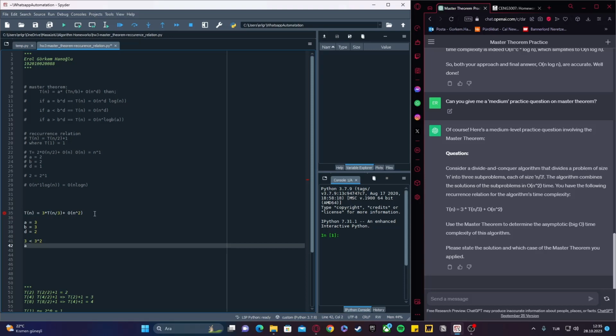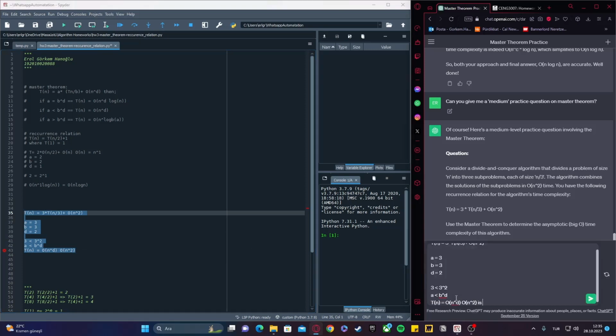So we have to check a less than b to the power d, and we have to use this case here, where T(n) is equal to O(n to the power d). So our answer is O(n^2). Let's ask, is it true?